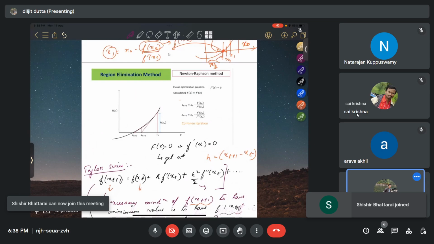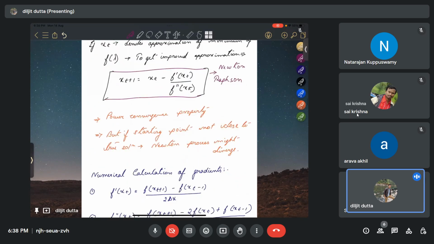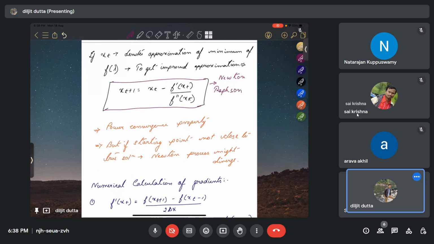For finding a simple root, it's f of x naught divided by f dash of x naught in the formula. But while finding the optima, it is f dash of x naught, or x_t, whatever, divided by f double dash of x naught or x_t. So this is the main difference in using the Newton-Raphson method for root finding and for getting optima.